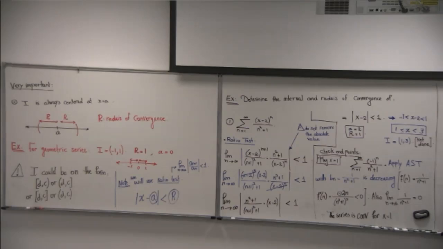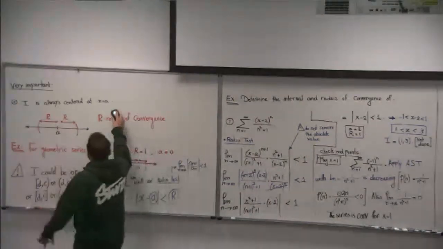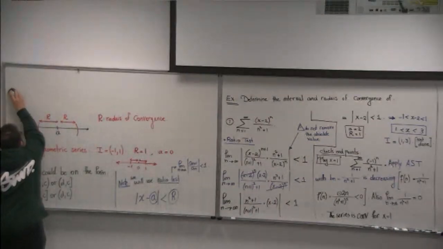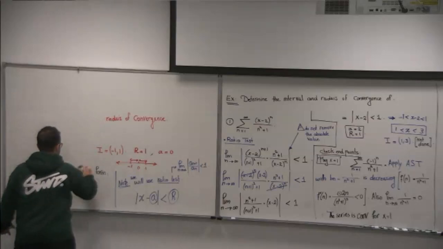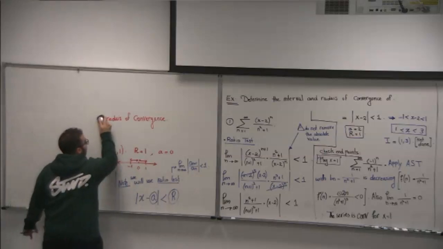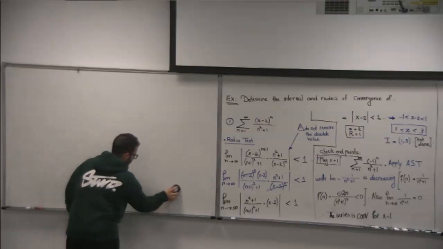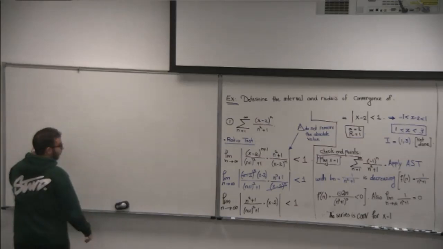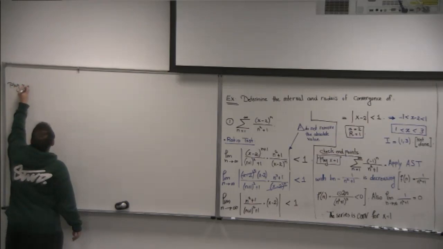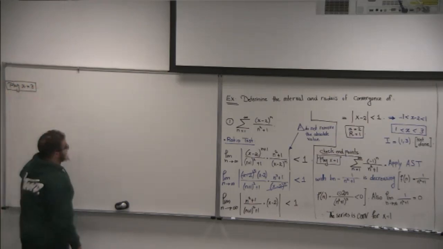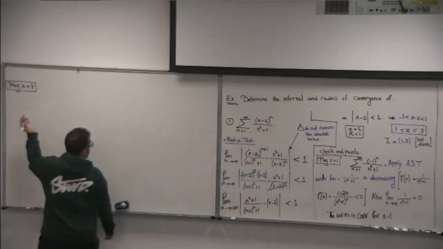Now I have to do the checking for x equal 3. So let's do that on the other side. So now plug in: 3 minus 2 is 1, power n. 1 power n is always 1.